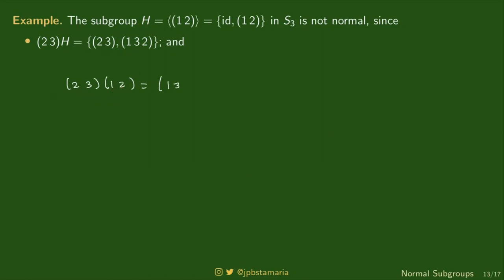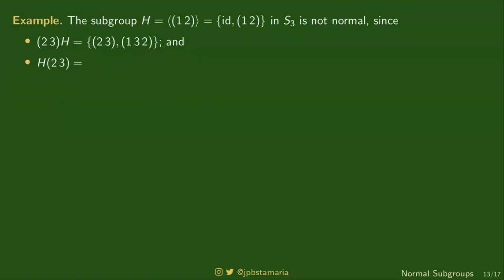So pupunta si 3 sa 2. Saan pupunta si 2? 2 will go to 1, and 1 here is fixed. So si 2 babalik na sa 1. Okay? So nakuha nyo na bakit yan ay ganon? (1 3 2). Nasundan nyo yun ha? Okay, sige.